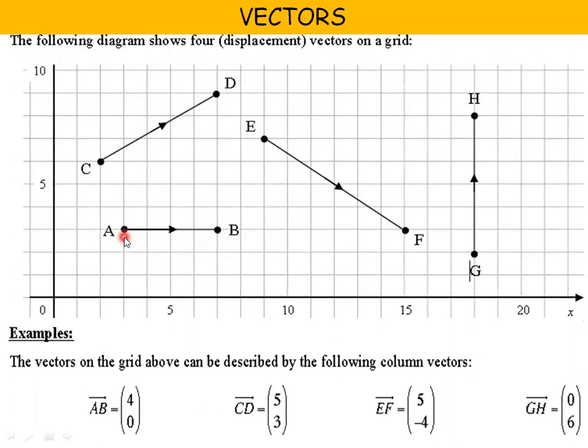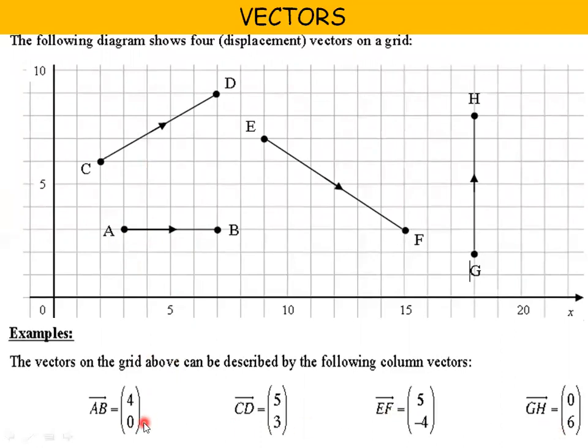Now the movement in the X direction and the movement in the Y direction make up what we eventually write as the column vector. The movement in the X direction and in the Y direction that eventually describes the directed line segment is what we refer to as a column vector. The representation of the column vectors is what we have here at the bottom: for AB, for CD, for EF, and for GH.